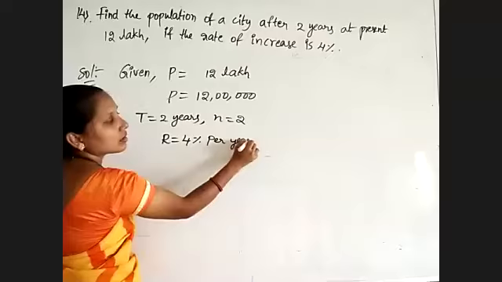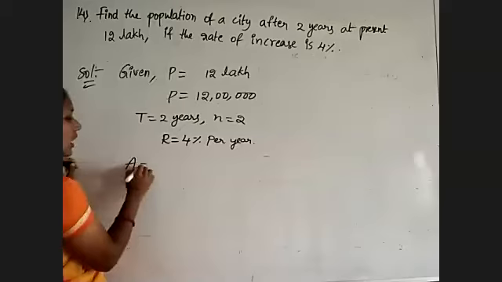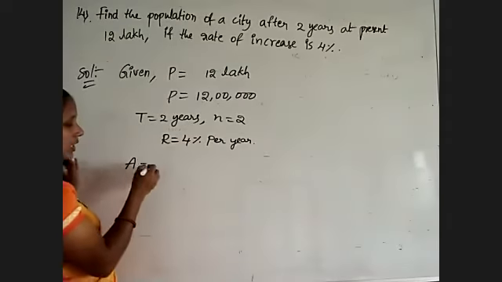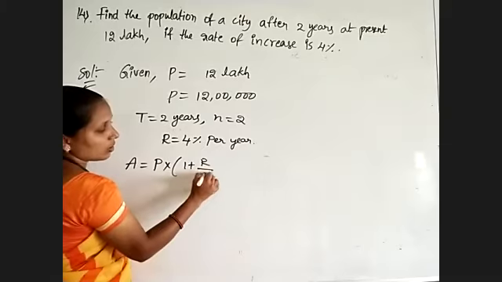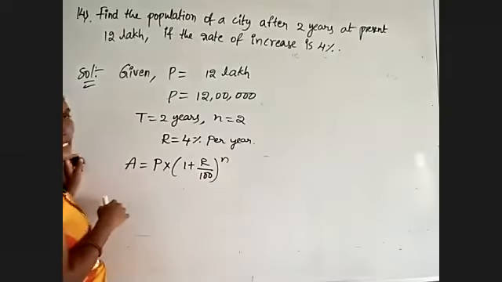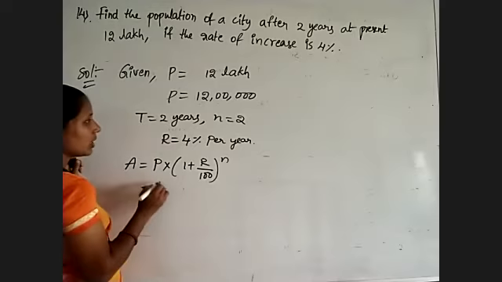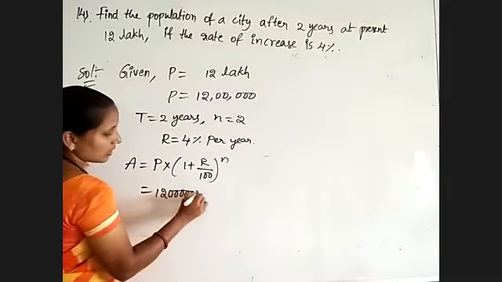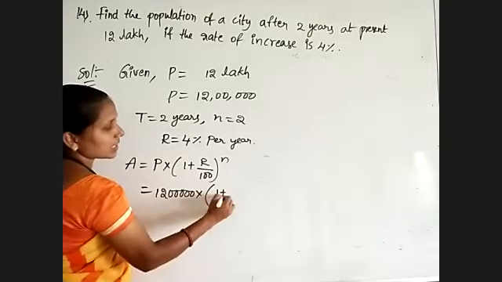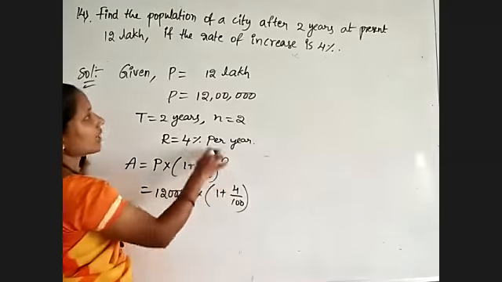4% per year. Then we have the formula for amount in case of compound interest: principal into 1 plus R by 100 whole to the power of n. So here each and every value we have, and just the calculations are lengthy. Principal is 12 lakh into 1 plus R value 4 by 100 whole to the power of n value 2.